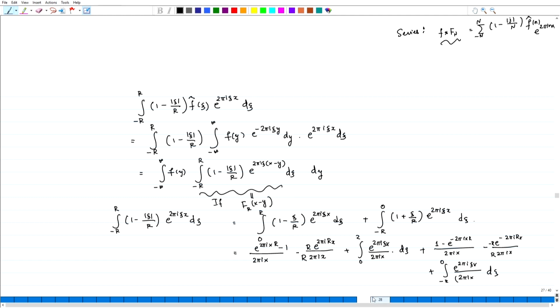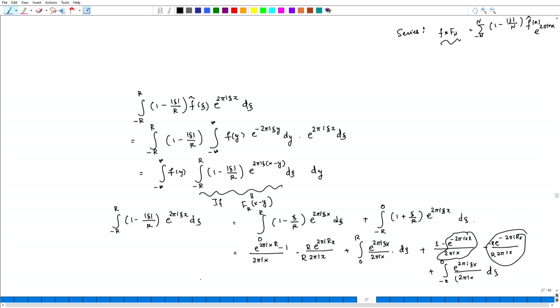Now, as you can see, this and this get cancelled. So, I have here 1 minus 1 by 2 pi i x, here 1 by 2 pi i x, this gets cancelled. Then this term and this term also get cancelled. So, what we need to evaluate is only this.